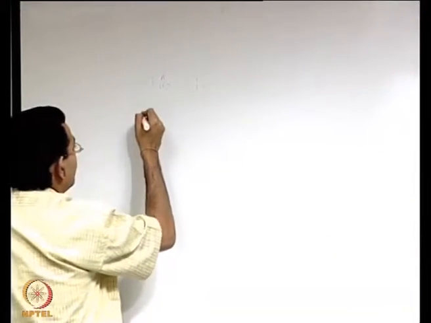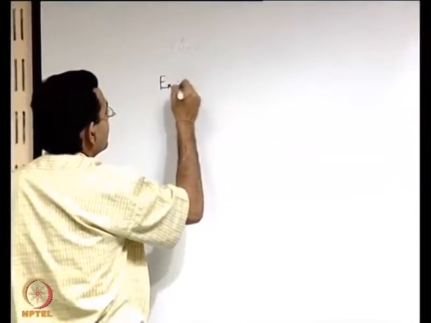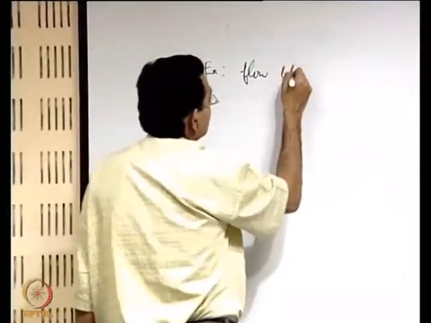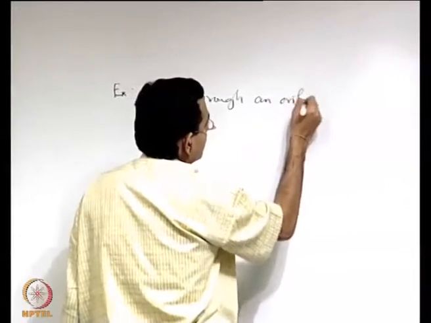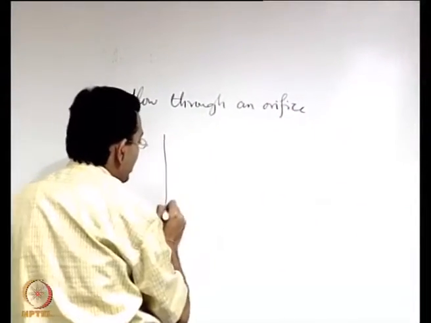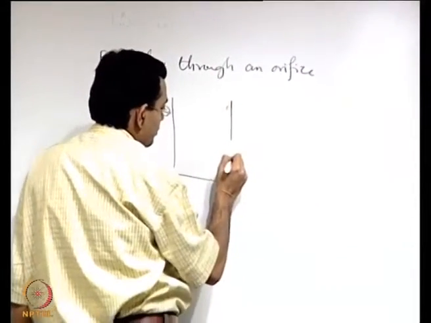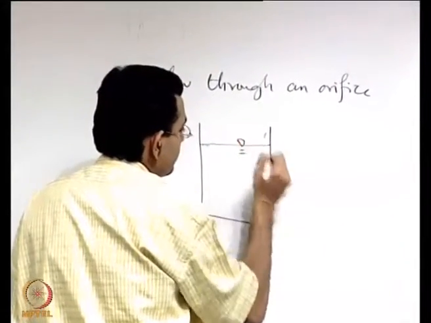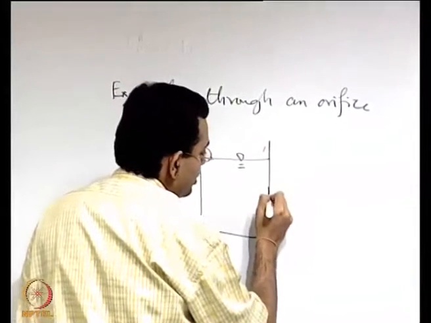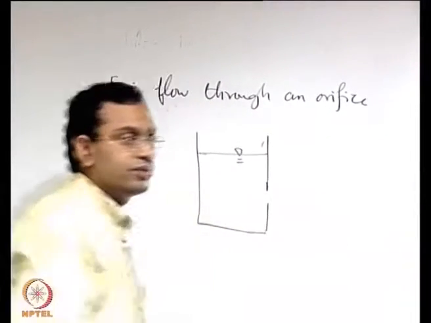So, example of flow through an orifice. Let us say you have a tank like this and there is a hole, through this hole some water jet comes out.